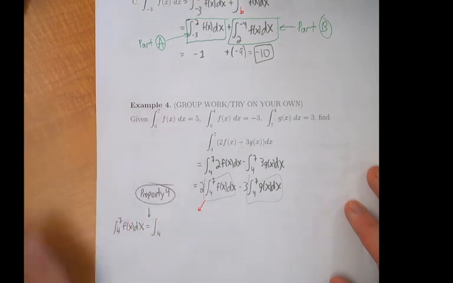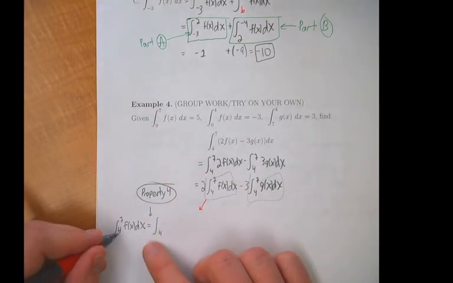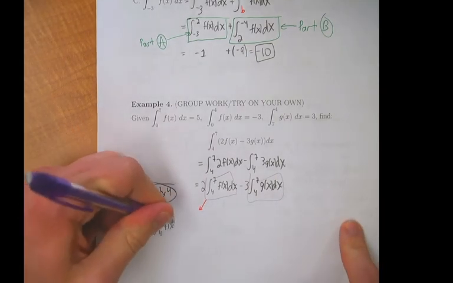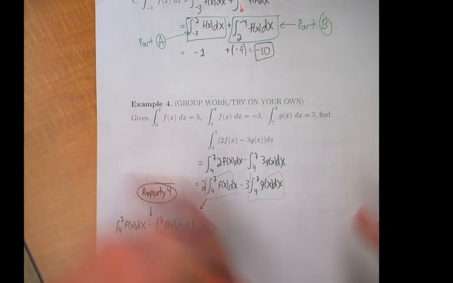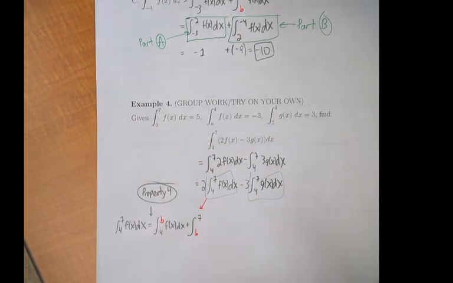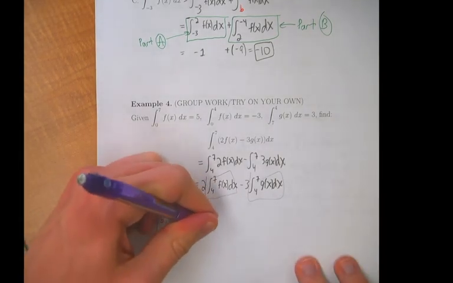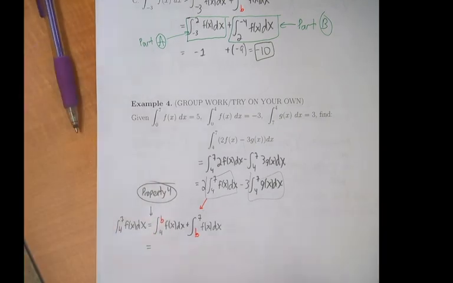Remember, property 4 states that you have the integral from 4 to b of f of x dx plus the integral from b to 7 of f of x dx. Given the data here, what value of b should you be using?